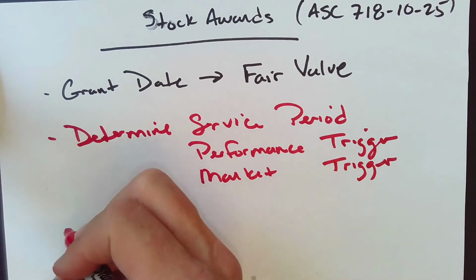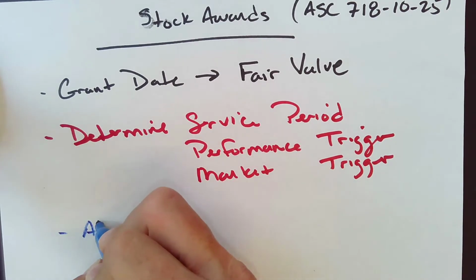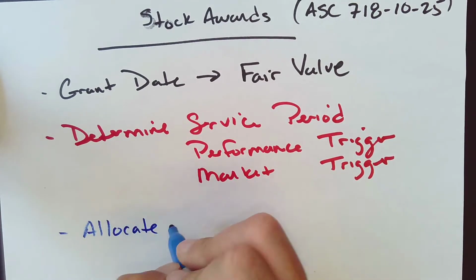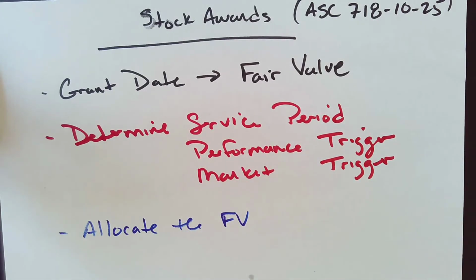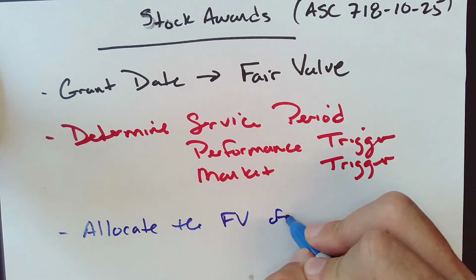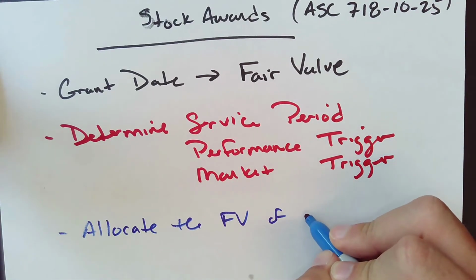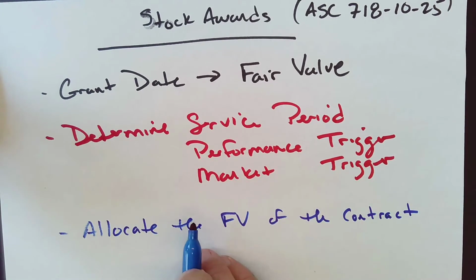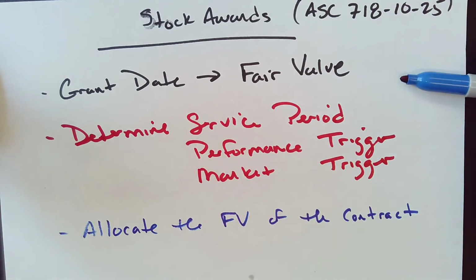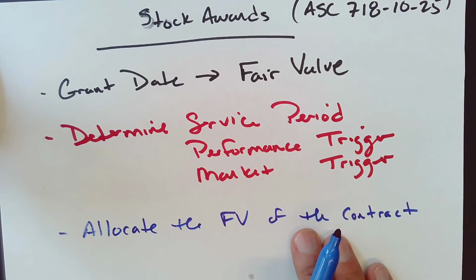Then we have to allocate the fair value of the instrument, of the contract, over whatever is the requisite trigger, right?